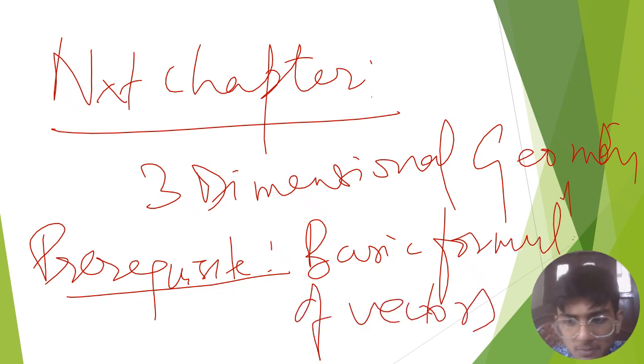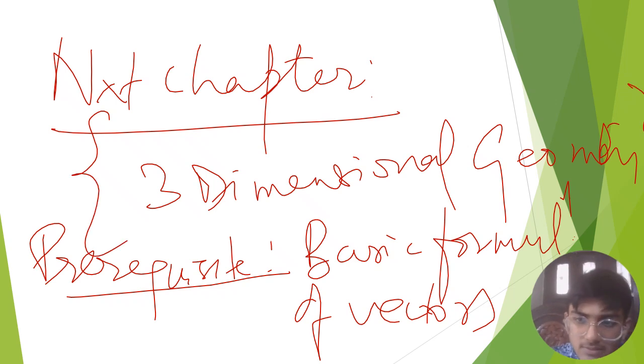If you have covered the whole vector chapter with me, then there is no prerequisite, you just start 3D geometry with me when I start it. But for those starting from this point, the prerequisite is the very basic formulation of vectors like dot product and cross product, which is required for 3D geometry. We'll start the next chapter, 3D geometry, and the lecture sequence will be shared with you soon.